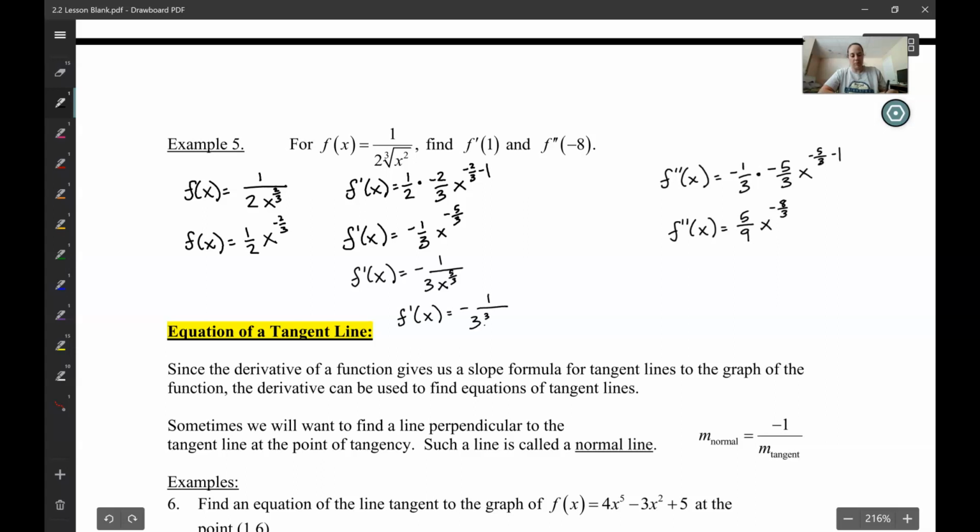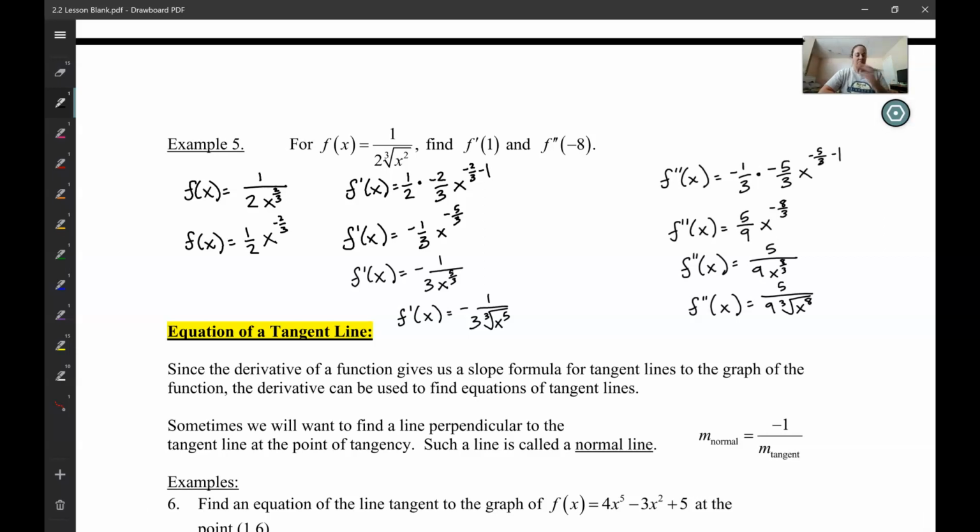So it should be cube root of x to the 5th. I can do the same thing with f double prime. So 5, move x down so it's positive. And then I'm going to change it back into the cube root of x to the 8th.